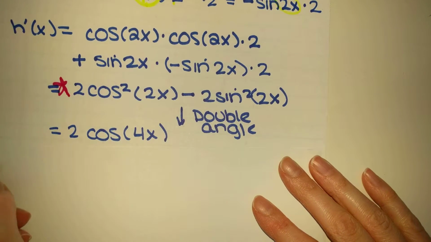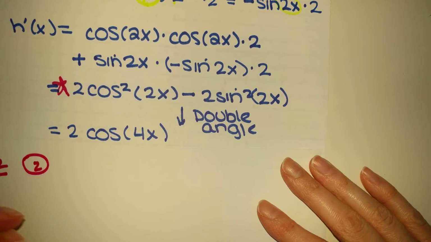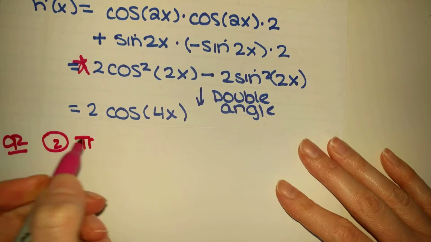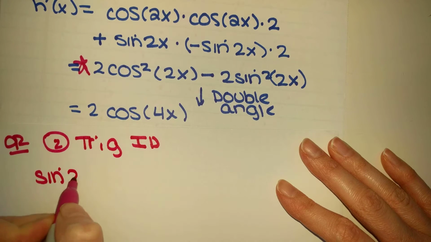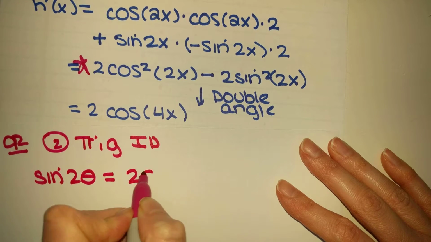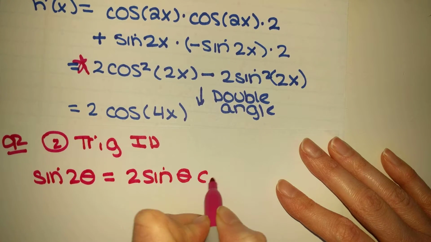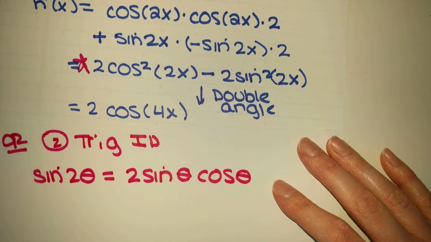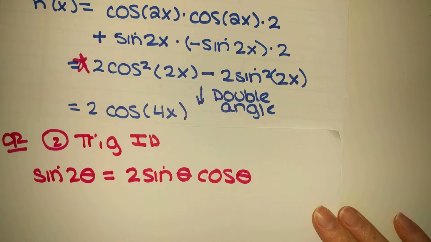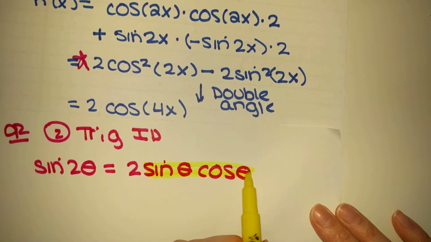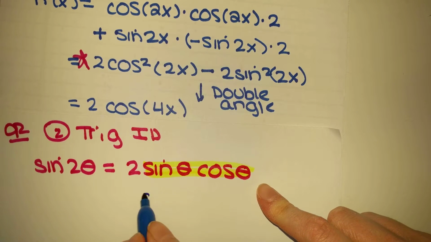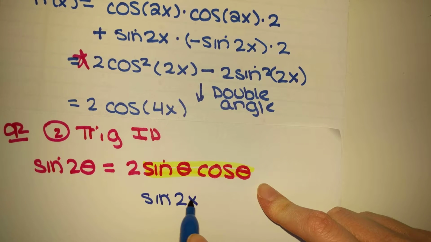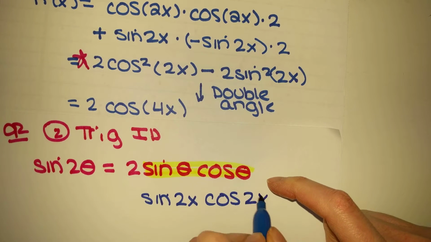So the other way that you could do this would be using trig identities. So if I use my trig identity, I have a trig identity that says sine of 2 theta is equal to 2 sine of theta cosine of theta. Now, if you look at the original problem and the sine theta, cosine theta, our original problem takes on this structure because our original problem was sine of 2x, cosine of 2x.